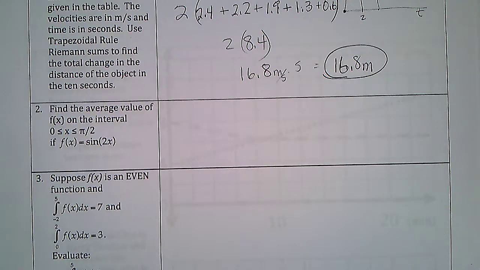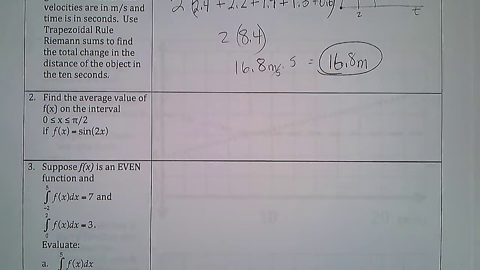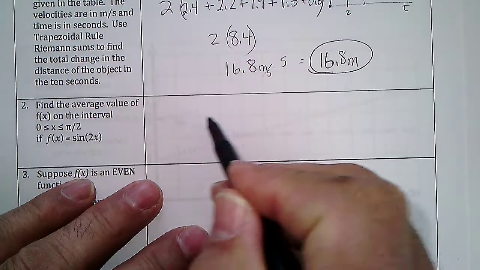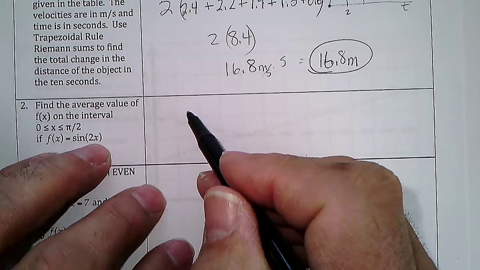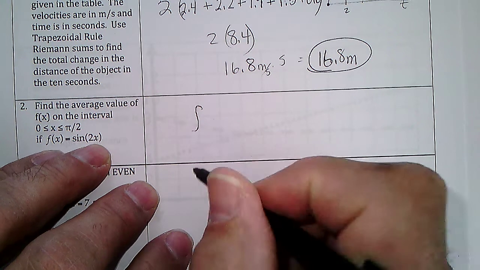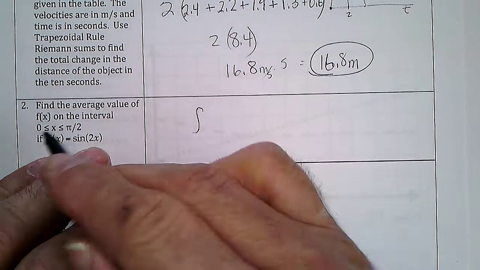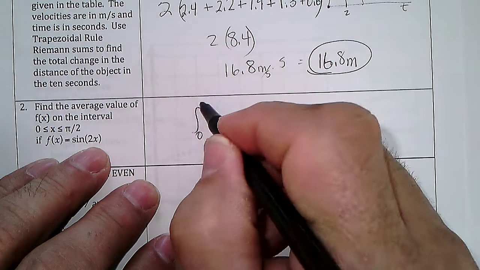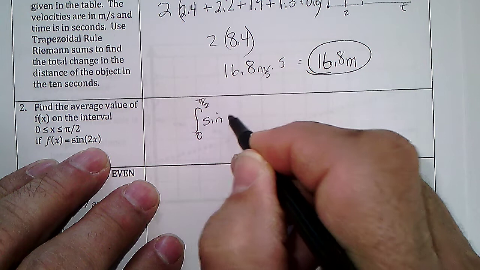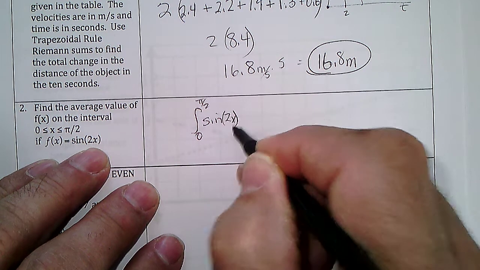Okay, number 2, find the average value. Well, the average value is the average height, which is the integral on the interval from 0 to pi over 2 of sine of 2x dx.